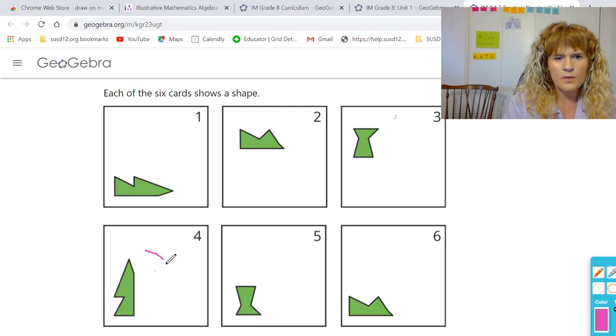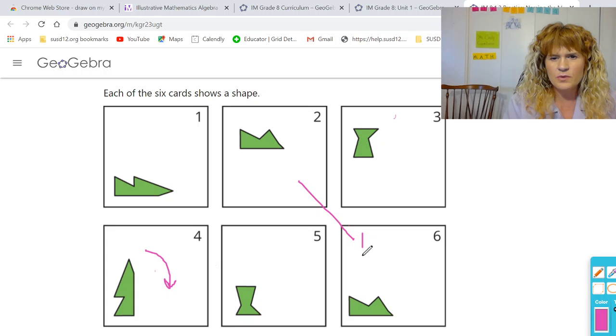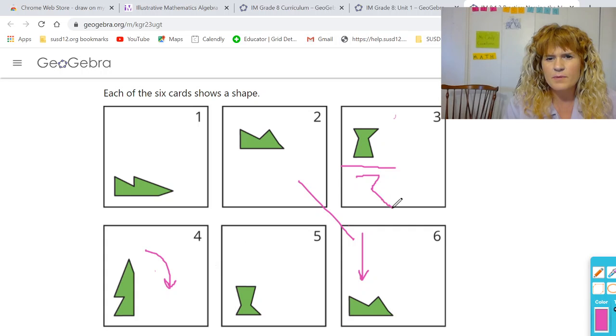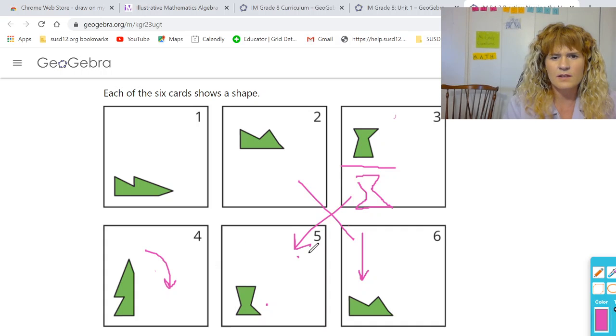We already know that 1 and 4 shows a rotation. 2 and 6 shows the shape sliding down. But look at 3 and 5. It's as if there's a line of symmetry here, and this shape gets reflected there. It looks like 5 is the reflection of 3.